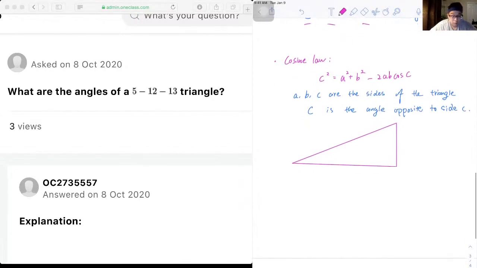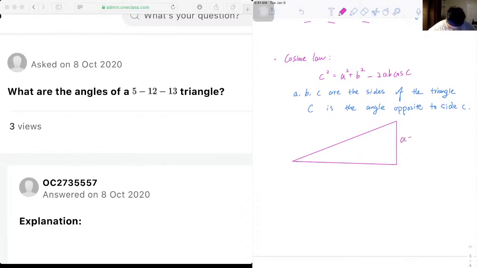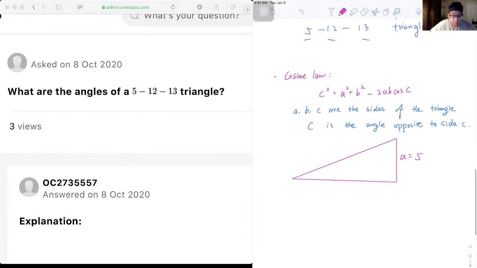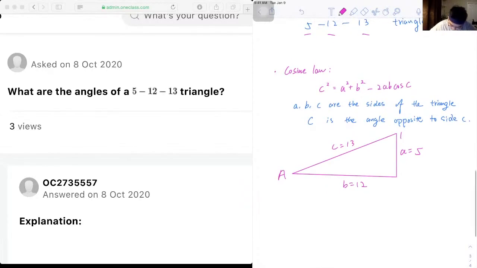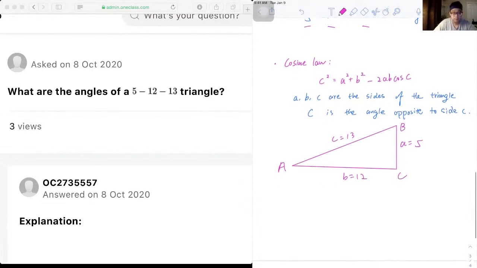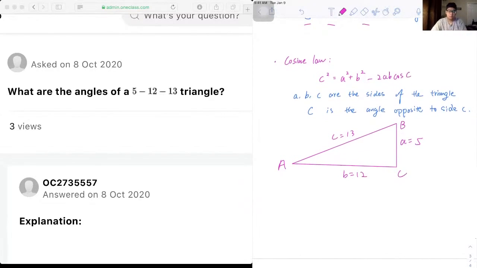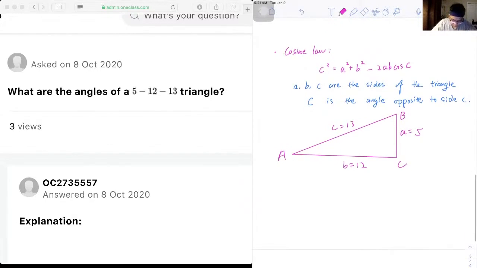So we have short leg a equal to 5, b is 12, c is 13, and the corresponding angles are A, B, and C. That's what the triangle looks like. And in order to solve for C, we just need to substitute the numbers in.